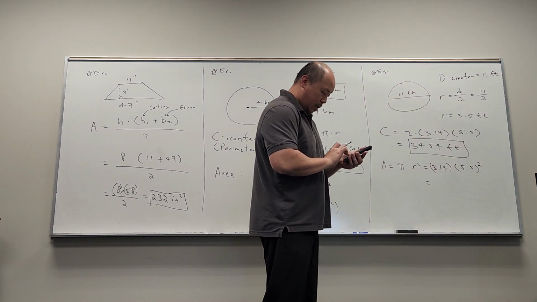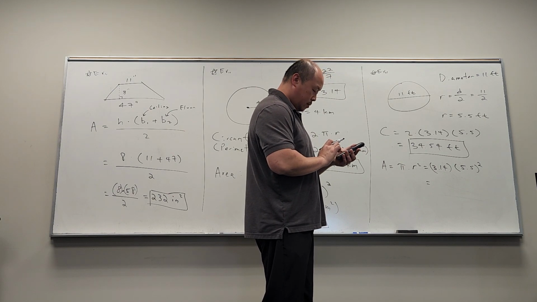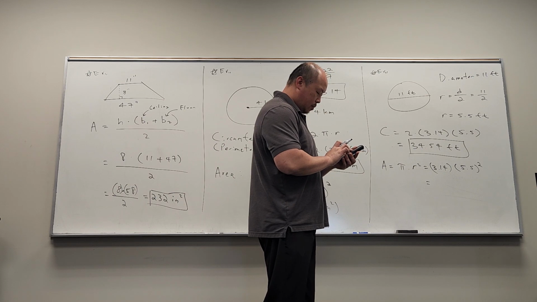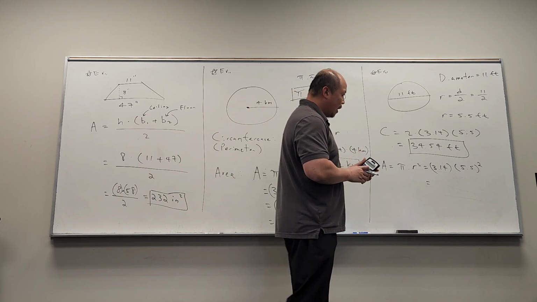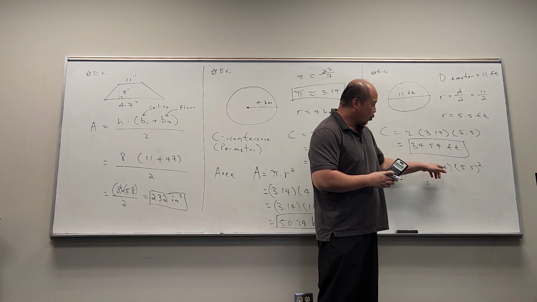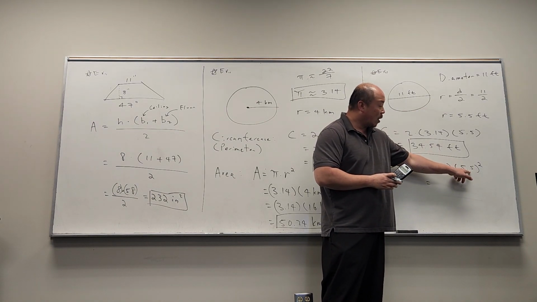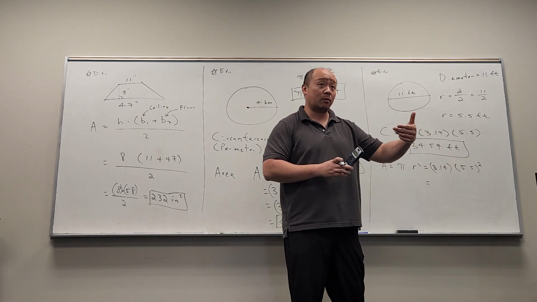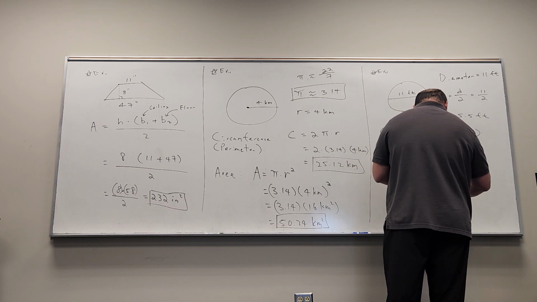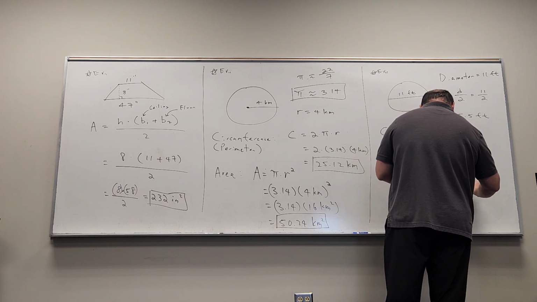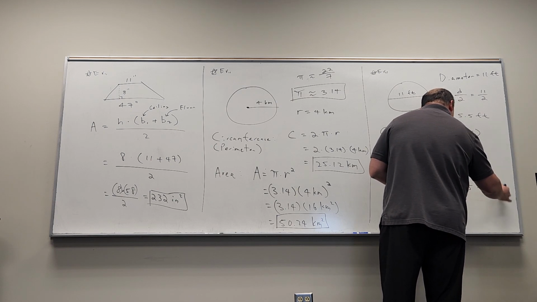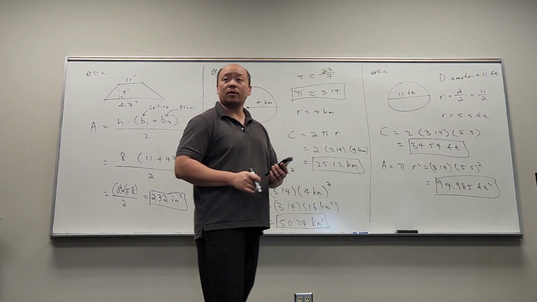So just put that in the calculator. Basically for 5.5 squared on your calculator, you could just do 3.14 times 5.5, and then multiply by 5.5 again. So do it twice. So that's what I have right here. Square feet. Again, square feet because it's area.